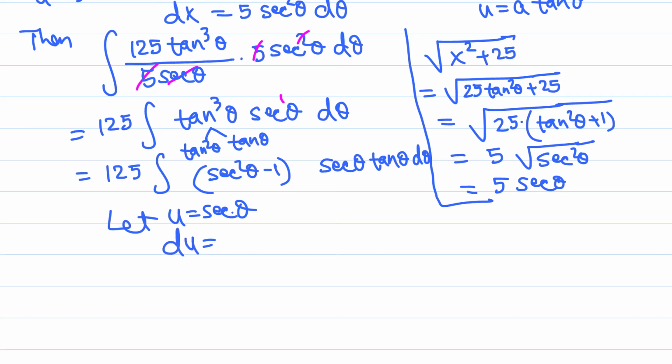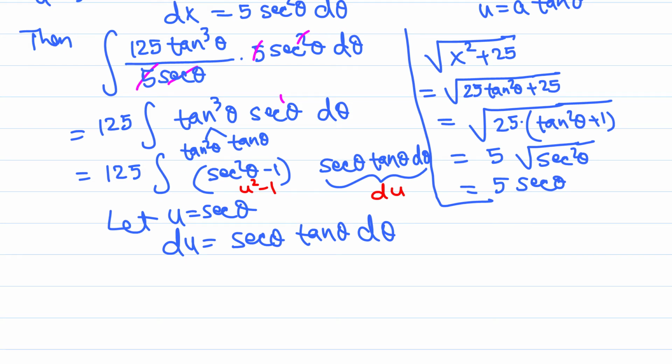Because u is secant theta, then du is the derivative of secant, which is secant tangent d theta. So this whole thing is in fact collectively du. So we can just say this is simply du. I'm using a shortcut here, and this is u square minus 1. So the whole problem now becomes the integral of u square minus 1.